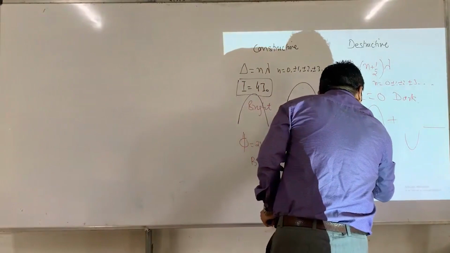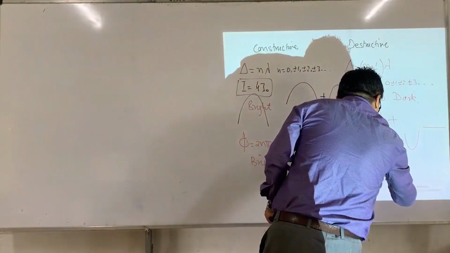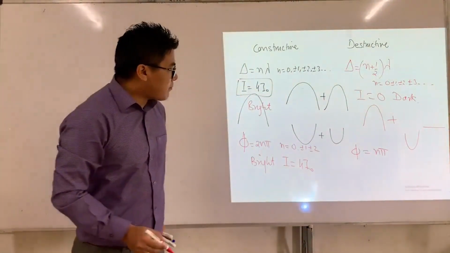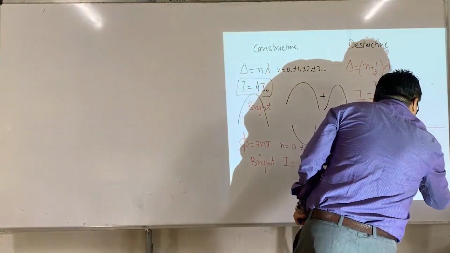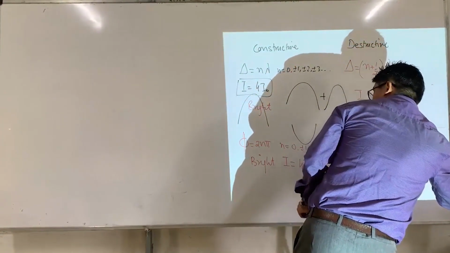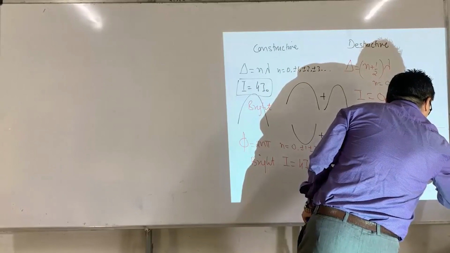Whereas in case of destructive interference, the phase difference is an odd multiple of pi, that means n is equal to 1, n is equal to 3, n is equal to 5.